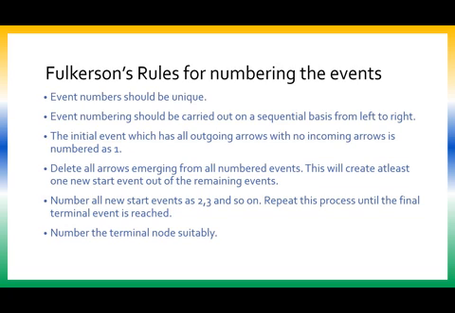This will create at least one new start event out of the remaining events. Number all the new start events as 2, 3, 4 and so on. Repeat this process until you reach the final terminal event. Keep numbering this way until you reach the last event.